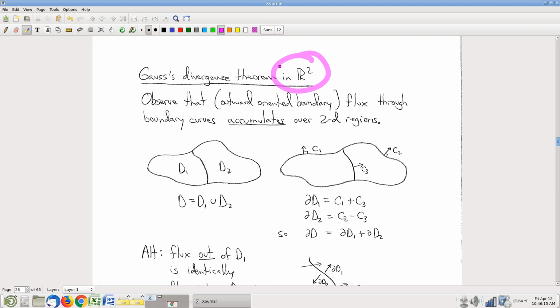So a reasonable question, if you've got a region like this region here. Let's just say you could talk about its boundary curve. We can define boundary for the purposes of this discussion, oriented outward.